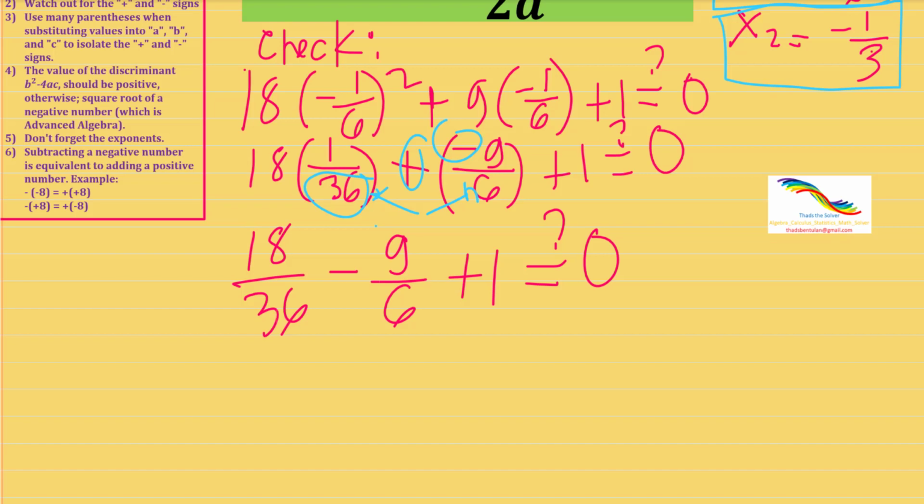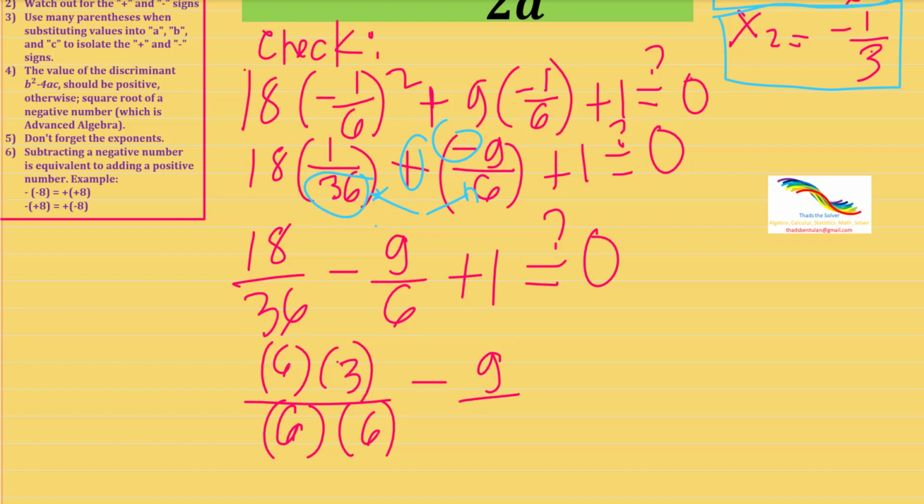This is 6 times 3, that's 18. Factoring out 18, factoring out the 36. This is 6 times 6. What's the purpose of factoring it? So that we'll have a denominator of 6, which is the same as the denominator in the second term. So this is 9 over 6 plus 1. Is that equal to 0?